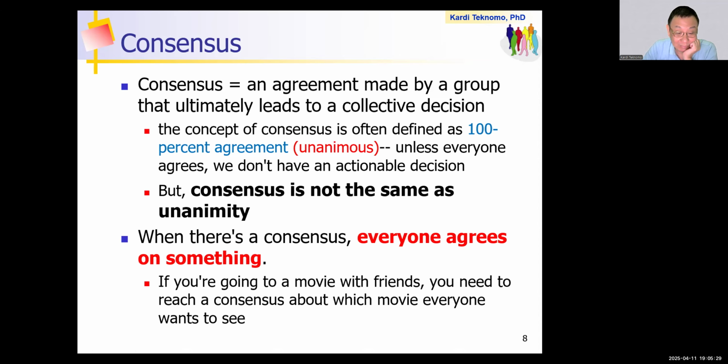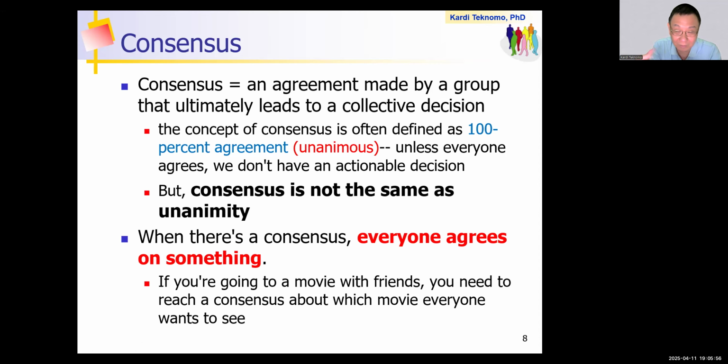When I was a student, there was a national conference in Indonesia, and they tried to create unanimity. They started lobbying each other just to make an agreement.